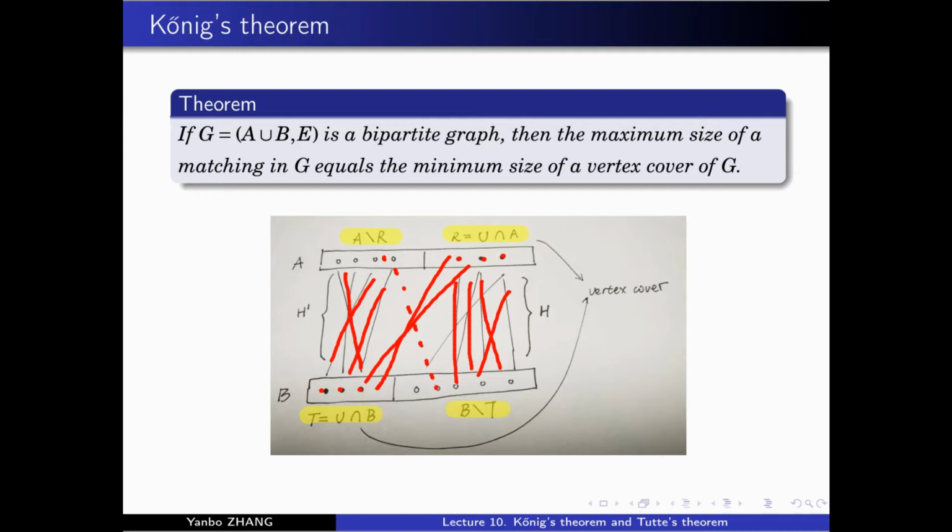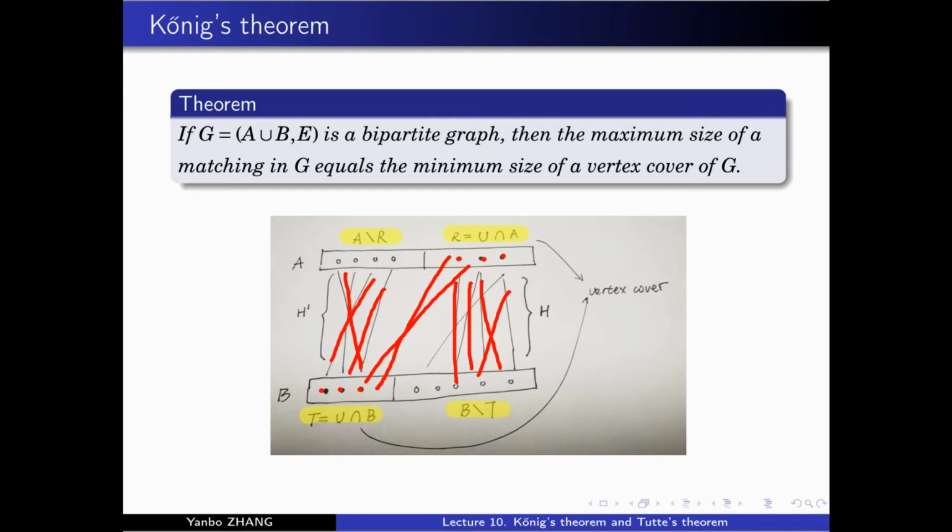Because U is a vertex cover. If there is an edge from A minus R to B minus T, this edge should have one endpoint in the cover U, which is a contradiction.